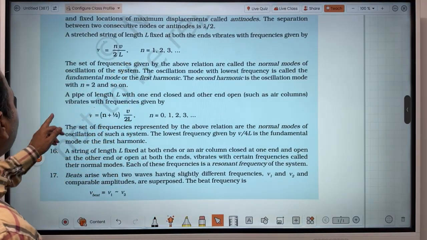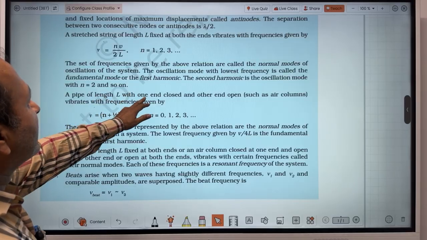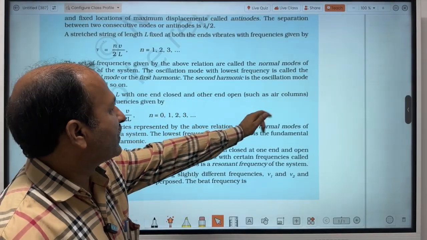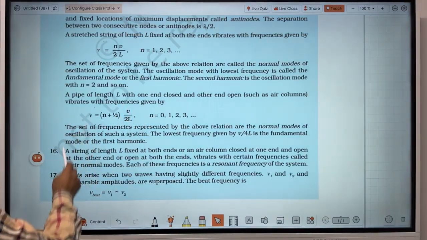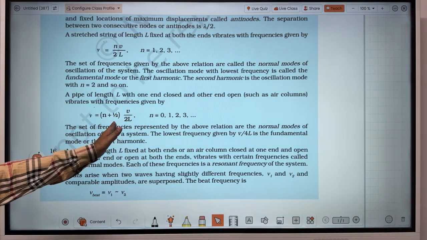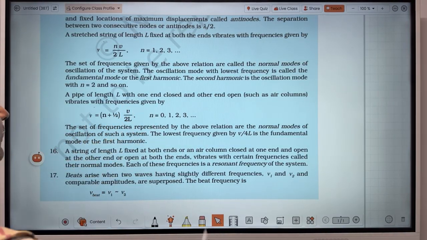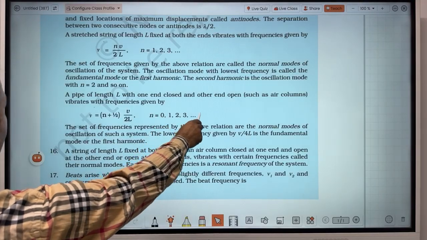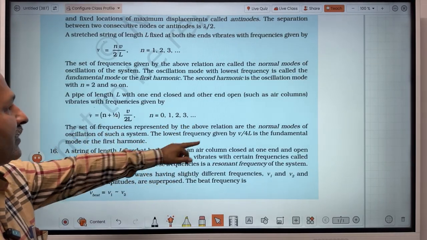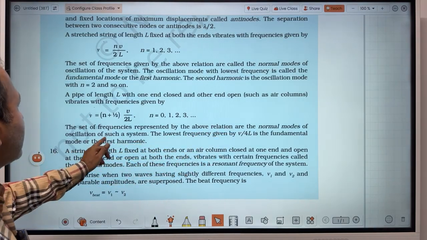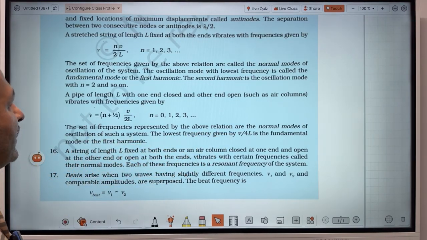Then the next point is a pipe of length L with one end closed and the other end open, such as an air column. It vibrates with frequencies given by nu equal to (n plus half) v upon 2L, where n can have any value 0, 1, 2, 3, etc. The set of frequencies represented by the above relation are the normal modes of oscillation of such a system.